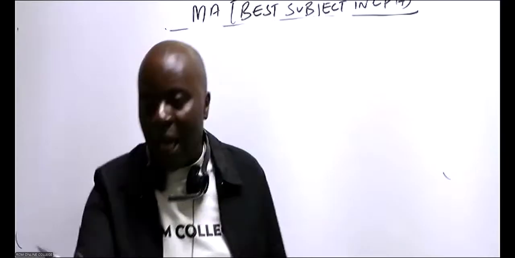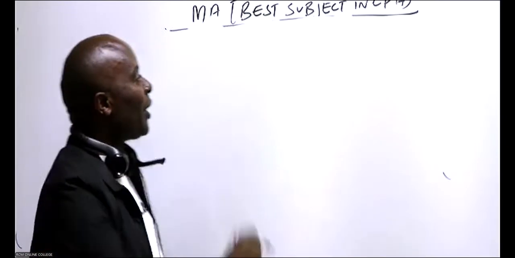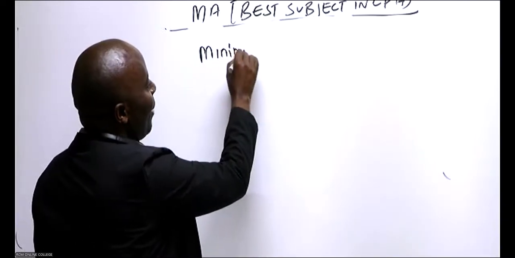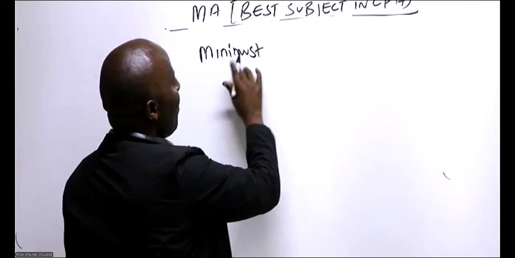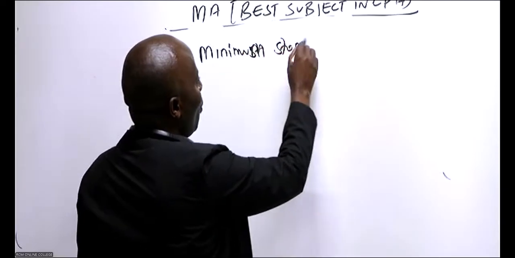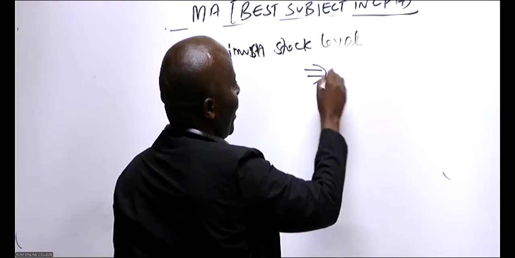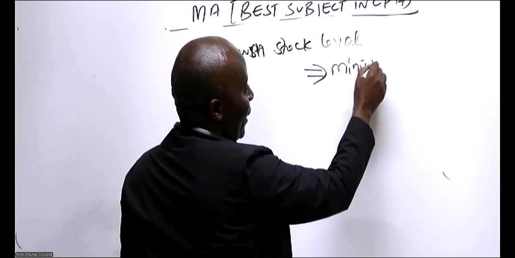To get this minimum stock level, we have some language that you must always get used to, just for learning purposes. Don't take this very seriously. Anytime they talk about minimum stock level, you always think about what here? Miniskirt.